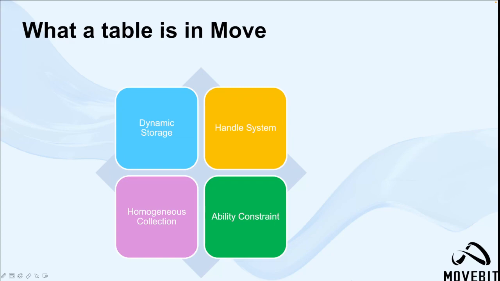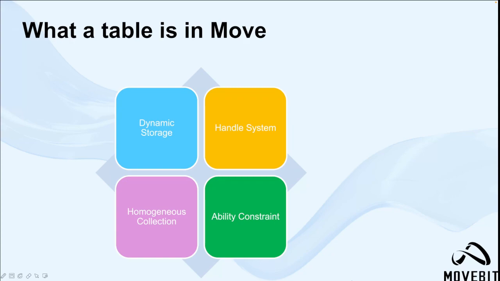After that is ability constraints. The key type of the table must have the ability constraints of copy, drop, and store. And the value type must have the ability constraint of store. This ensures that the keys and values have specific abilities that allow them to be used effectively within the table.